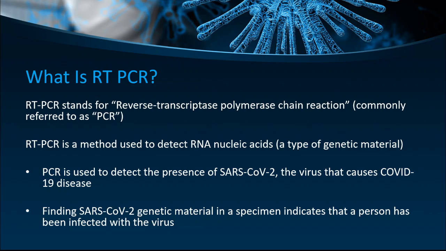The RT-PCR test starts with a simple swab taken from inside a person's throat or nose. Coronaviruses have RNA or ribonucleic acid as their genetic material.